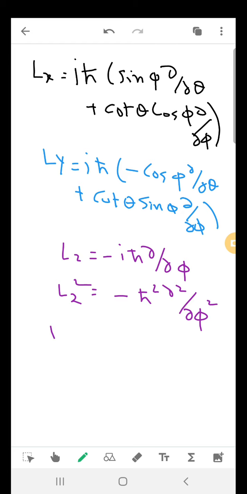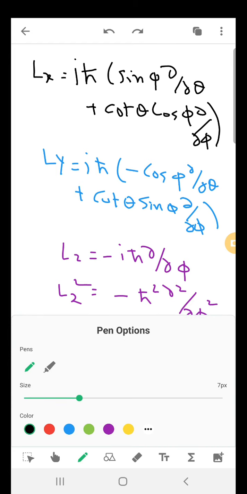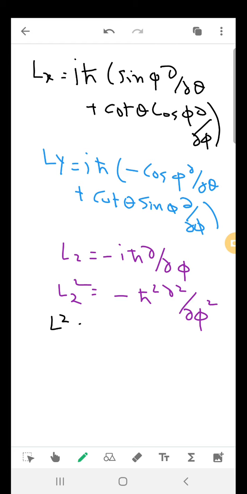We know that L squared is equal to Lx squared plus Ly squared plus Lz squared.